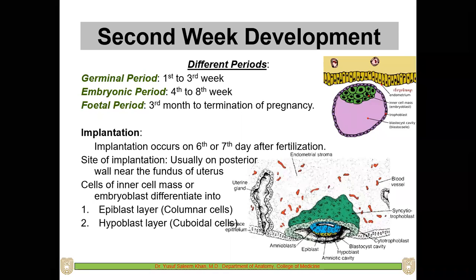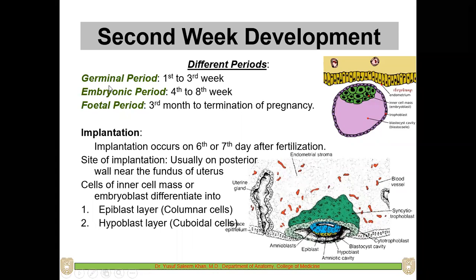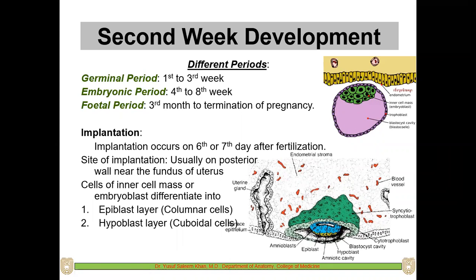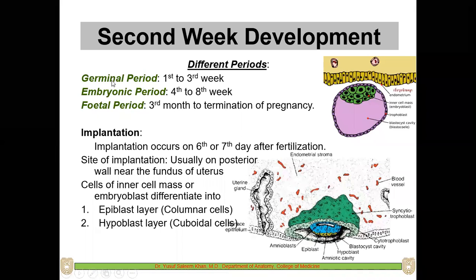From the fourth week to the eighth week, we call this developing structure an embryo. Then from the ninth week up to the ninth month, we call it the fetal period. So there are three different terminologies which we use.